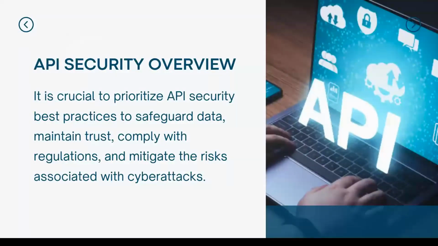It's important to prioritize API security best practices because this helps safeguard data, maintain companies' trust, and also help companies to comply with laws and regulations. I'm going to talk about the different laws and regulations soon.